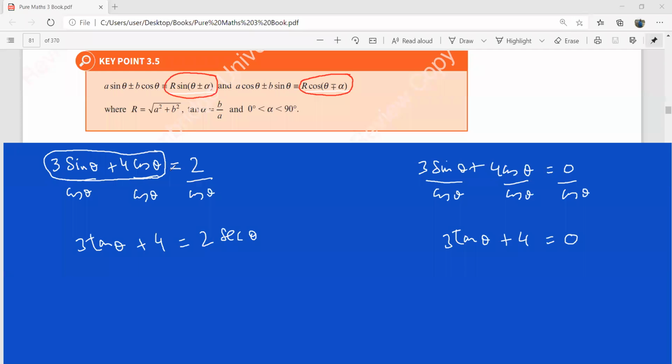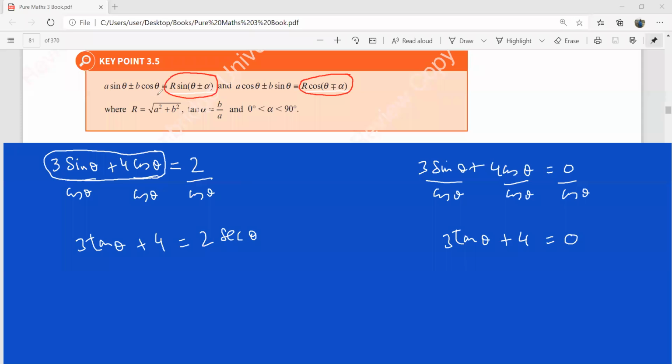But we'll be only interested in solving such equations where we have two terms, but not a zero, a non-zero on the right hand side. We'll also be seeing how to find the maximum and minimum values of these expressions. So we'll be learning this new method mainly for two reasons. One, to solve the equations where we have one term in sine, the other in cos, and a non-zero at the right hand side. And secondly, to find the maximum and the minimum values of such expressions.